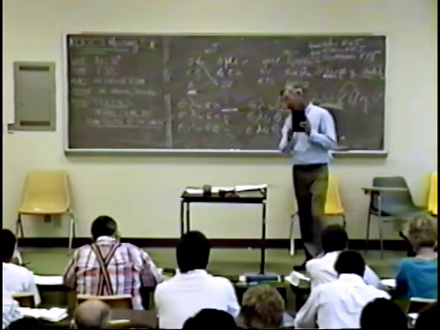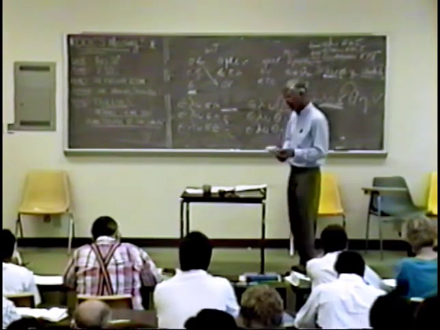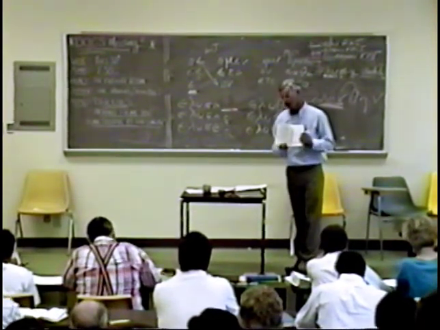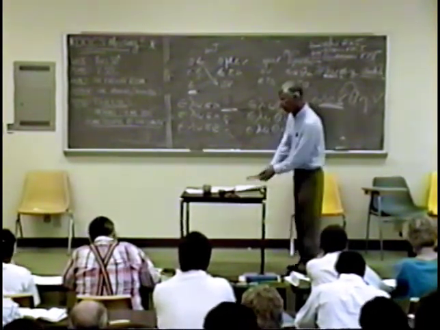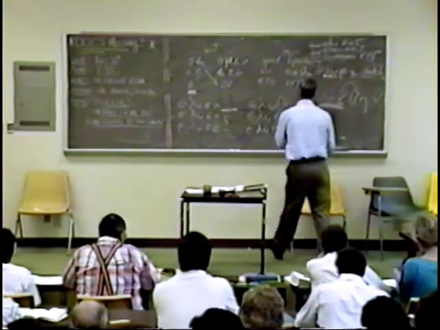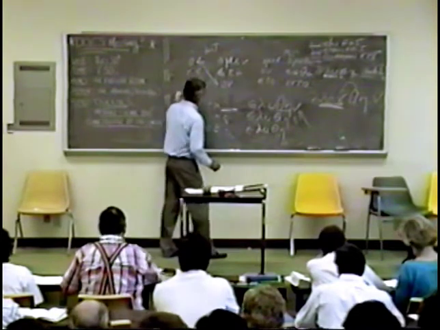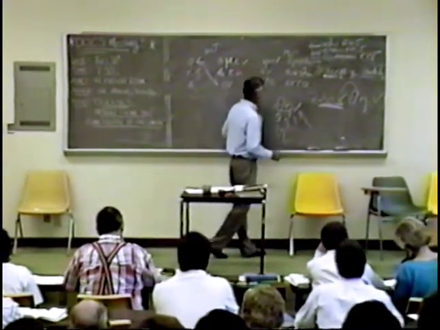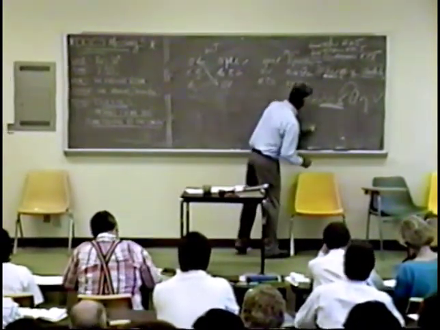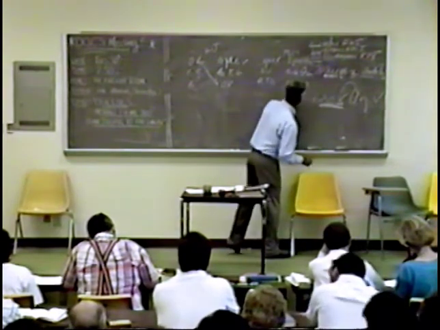Now, the reason why I mentioned this holds off: we started out, he was giving us the future. We had a future active and a future middle, and then he did not give us passive until after he got to the aorist.